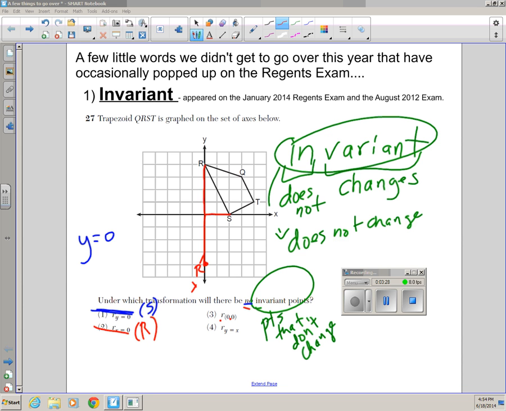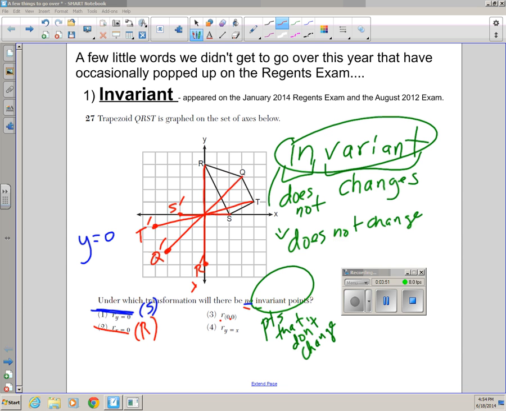S is going to go through the origin and become S prime here. Q is 3 over and 3 up, so it's going to go backwards that many units in both directions through the origin. So here's Q prime. And T prime is going down 1 to the right, to the left 4 through the origin, so it's going to come out the other side over here.